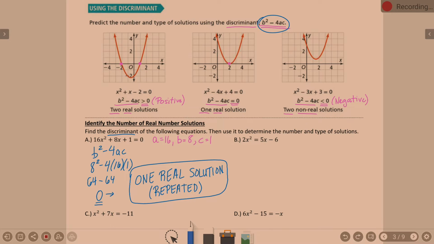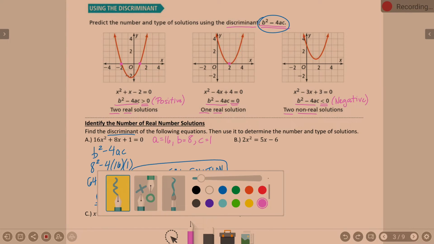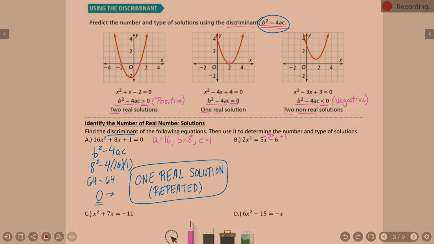Okay, look at B. 2x squared equals 5x minus 6. Before we can get our ABCs, we need to make the equation equal to 0. So, subtract 5x, add 6.